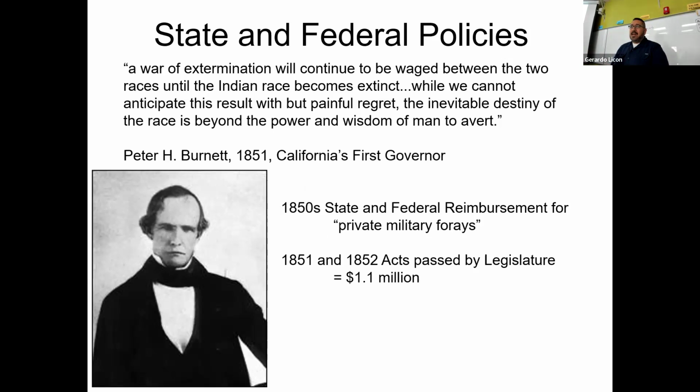So anyone could get together an armed group, get horses, buy guns, buy ammunition, buy supplies, go out and kill Native Americans, and then bring the bill back to the state to reimburse them for the expenses they incurred in the process. They called them private military forays. And the state would pay for it, and then the federal government would reimburse them for it.